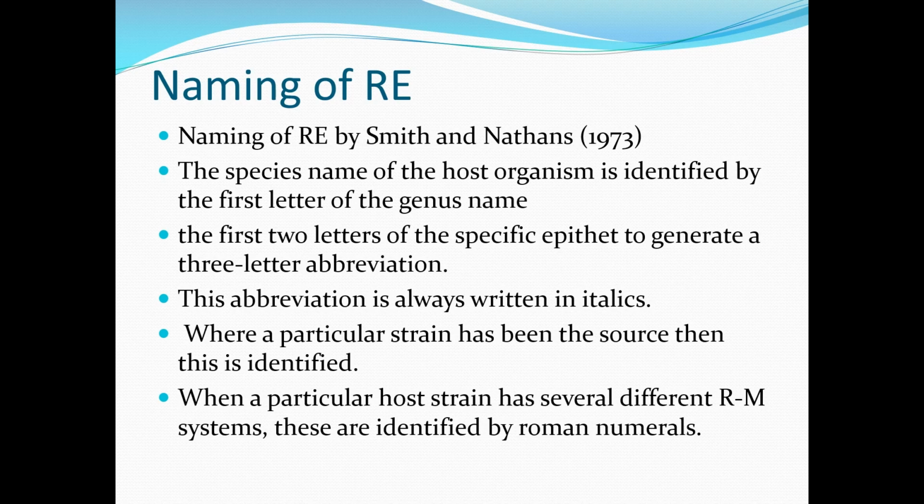This abbreviation is always written in italics. Where a particular strain has been the source, this is identified. When a particular host strain has several different restriction modification systems, these are identified by Roman numerals.